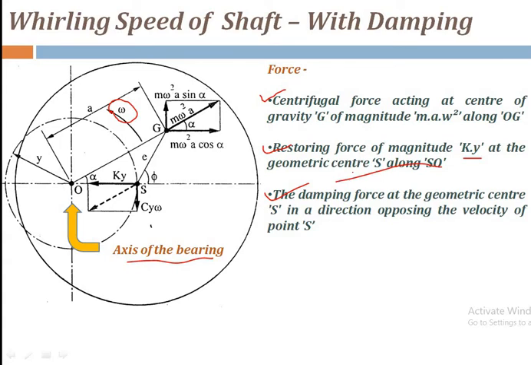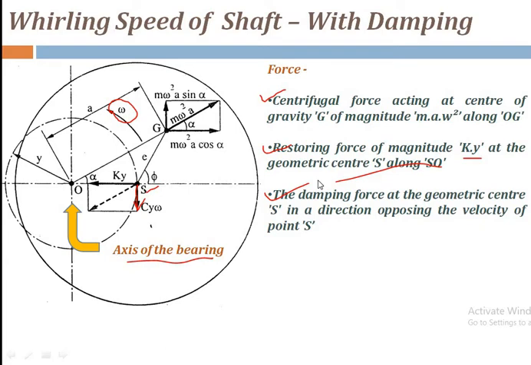Another force is damping force at the geometric center S in the direction opposing the velocity of the point S. The direction is downward as shaft rotates in anti-clockwise direction. This force is basically produced due to Magnus effect of the air.